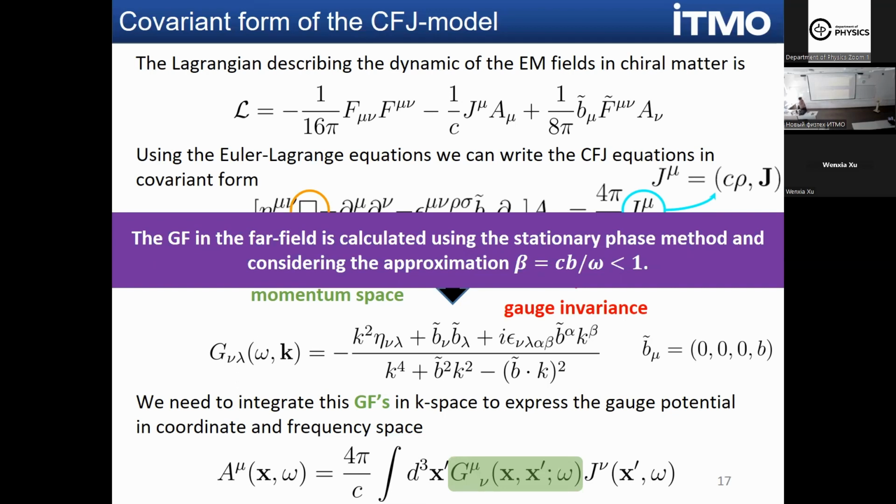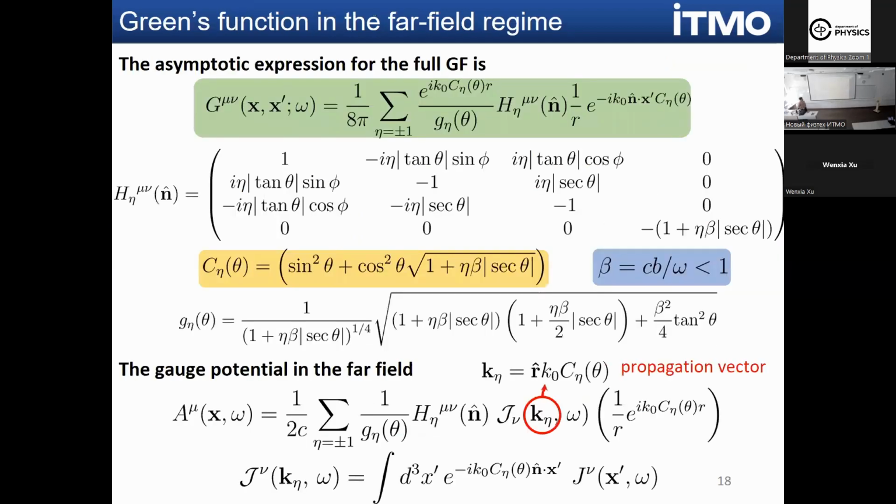So you just need to know that the Green's function is calculated in the partial approximation, and we use another approximation that is taking this parameter beta, which is proportional to the vector B. The full Green's function is that one.